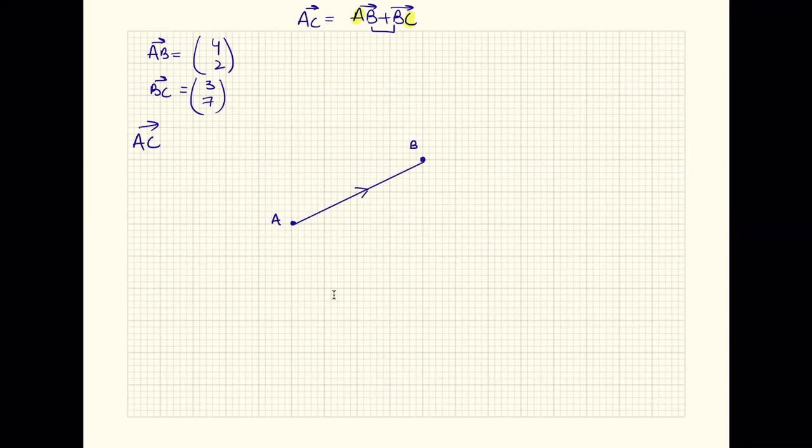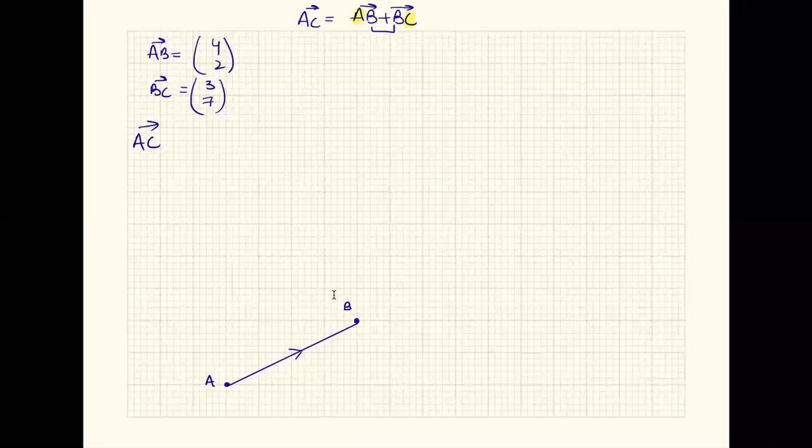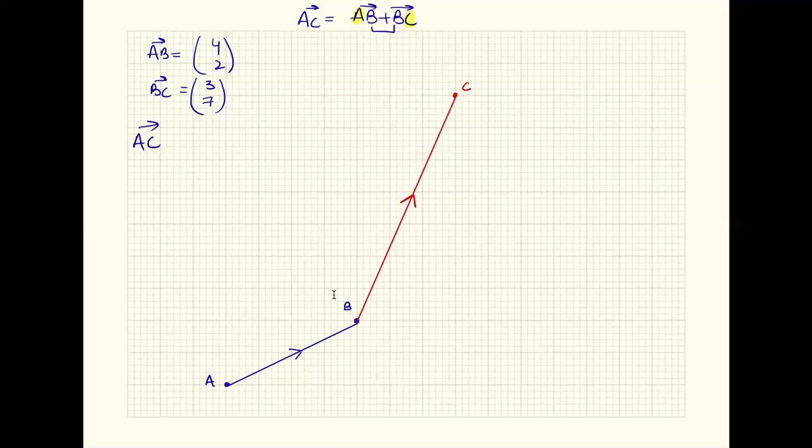Then for vector BC, the starting point is B and the ending point is C, (3, 7). To mark C, from B, I'll have to move 3 units in the x and 7 units in the y. So that is C. If you connect B and C, you get vector BC. Now vector AC is going to be this vector.